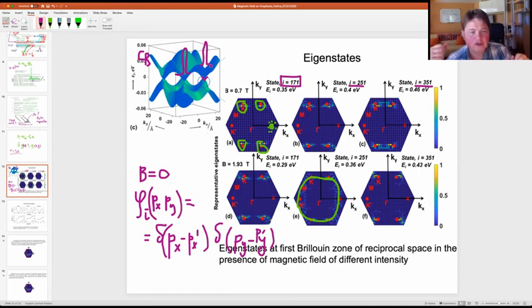As soon as we switch on magnetic field, momentum stops being a good quantum number, and energy cannot be defined as a function of momentum. We can only list eigenstates, and eigenstates themselves will be distributions as a function of different values of momentum.